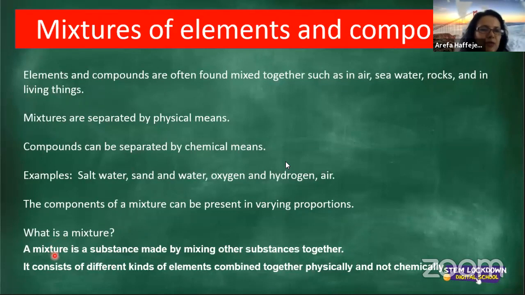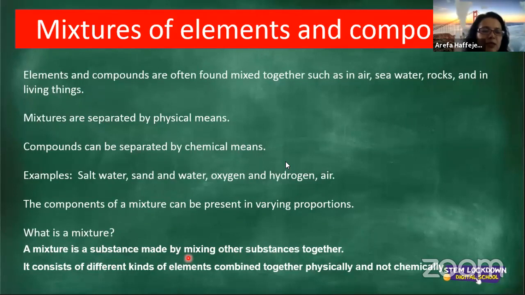Now you'd ask yourself, what is a mixture? A mixture is a substance made up of mixing other substances together. For example, if you mix flour and rice and take a sieve and sift the flour out, you are able to separate the flour and the rice, because the rice remains in the sieve and the flour goes into the container.